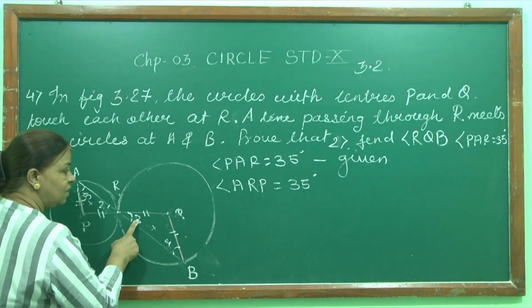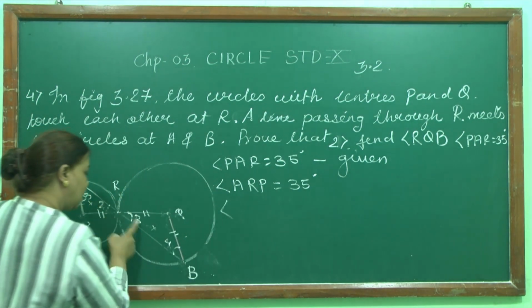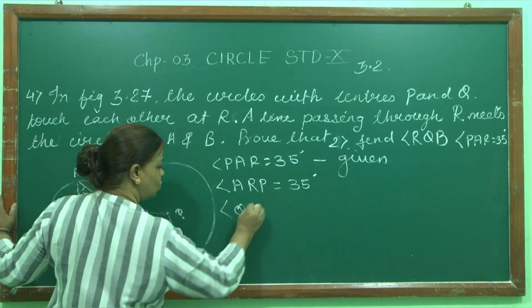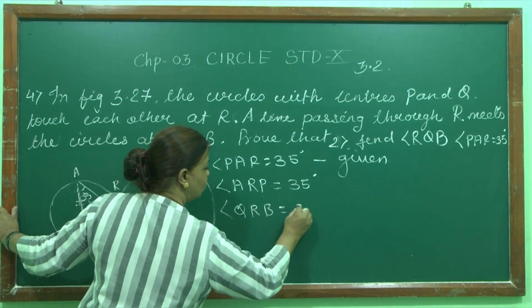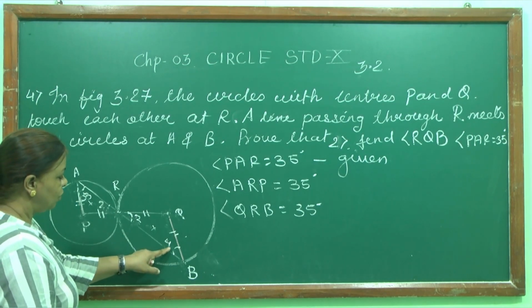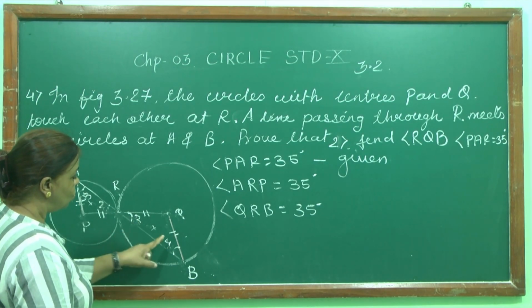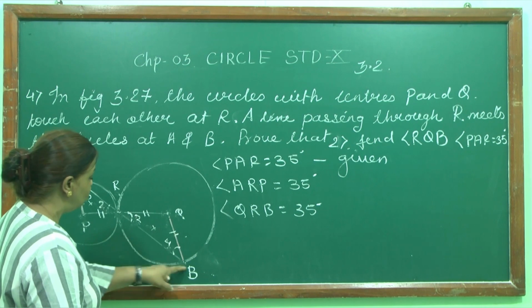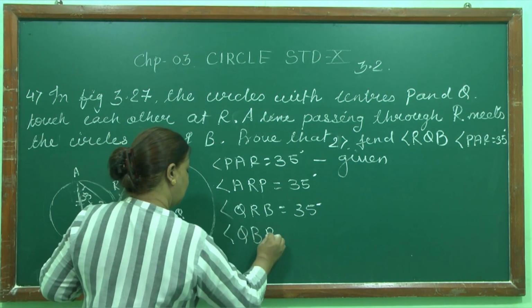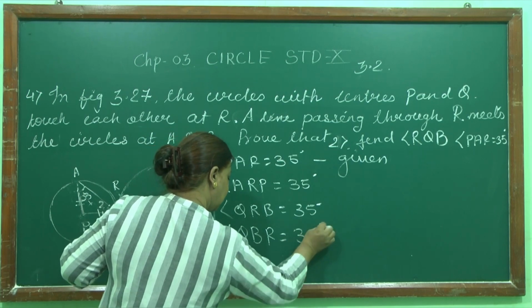What about this angle? This angle is vertically opposite angle. So angle QRB will be equal to 35 degree. Now what about this angle? Because QRB is equal to QBR, angle QBR is equal to 35 degree.